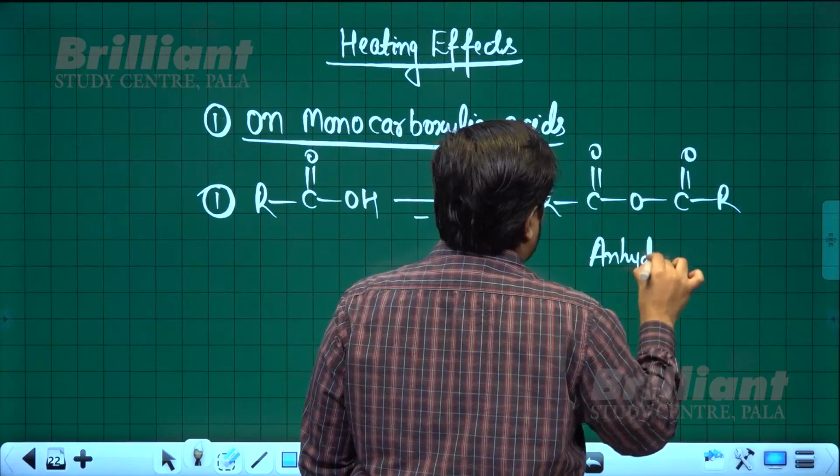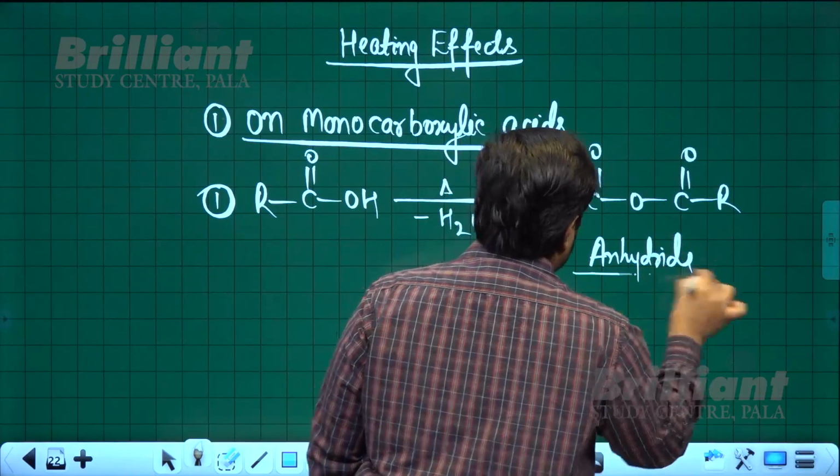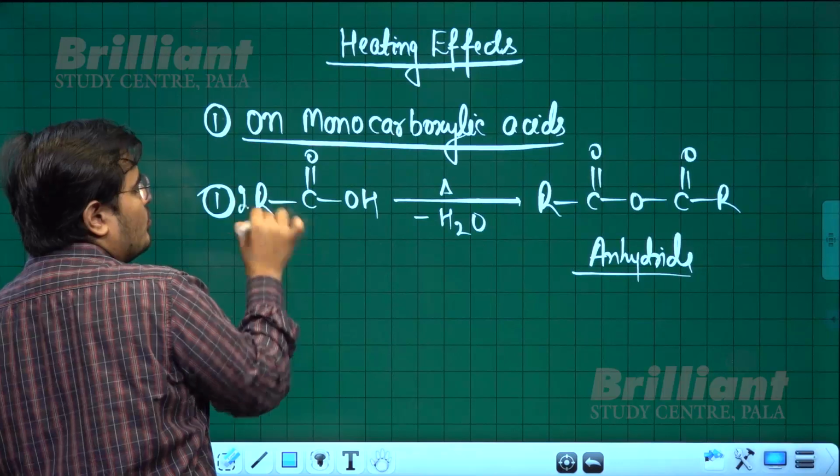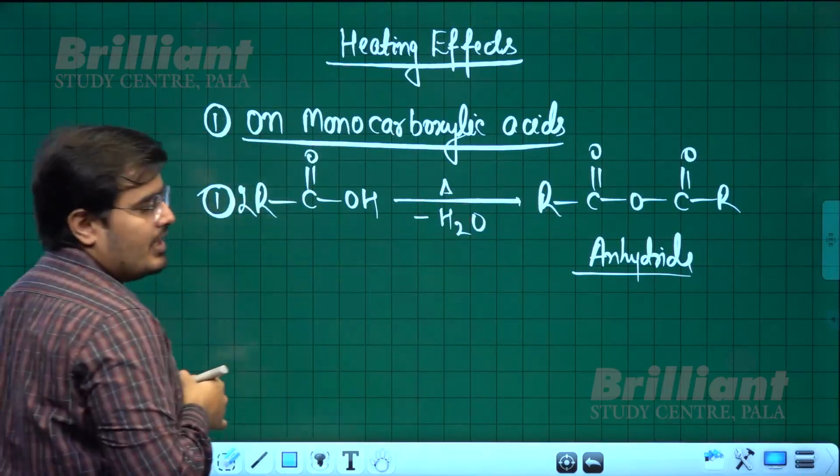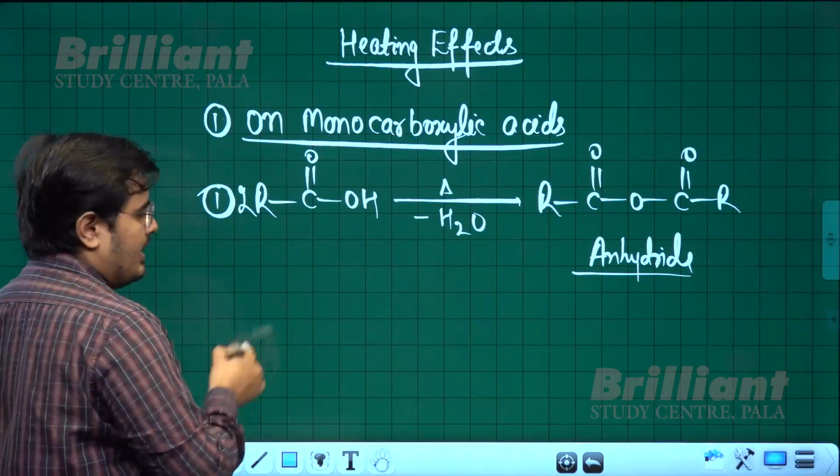Monocarboxylic acids on heating will undergo dehydration, where two molecules of the same acid combine to form the corresponding anhydride.